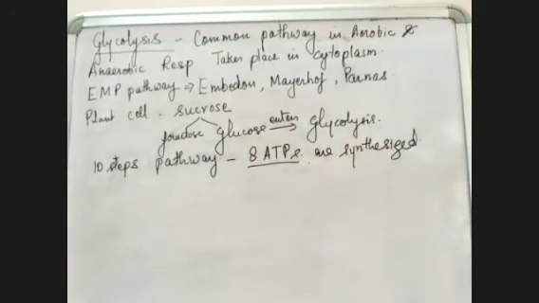Eight ATPs are synthesized during the process. We can write here. So this is the way it goes on. Now I'll tell you how this process takes place. For this, I'll erase it.